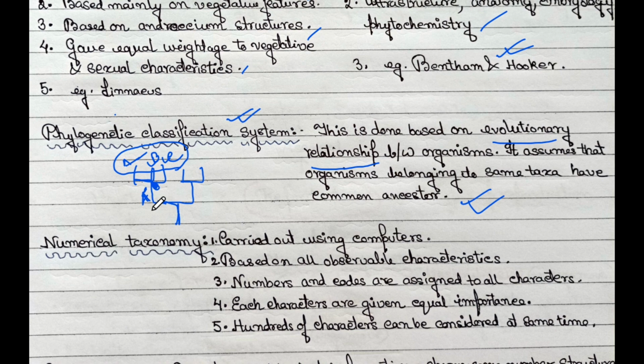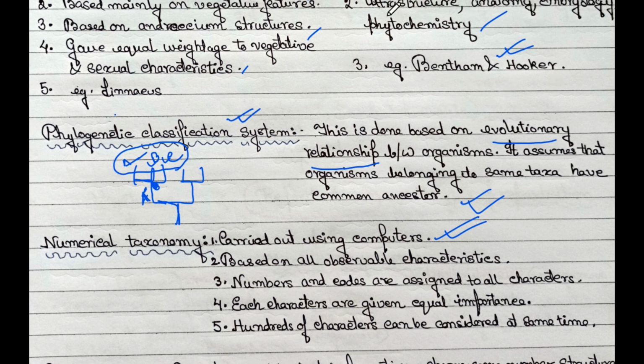Now comes numerical taxonomy. In today's world, taxonomy has become very advanced and we are dealing with numerical taxonomy. These are carried out using computers. How?